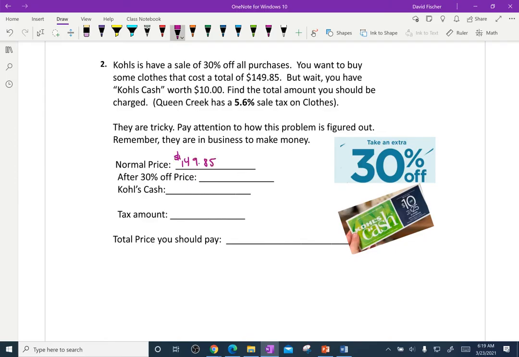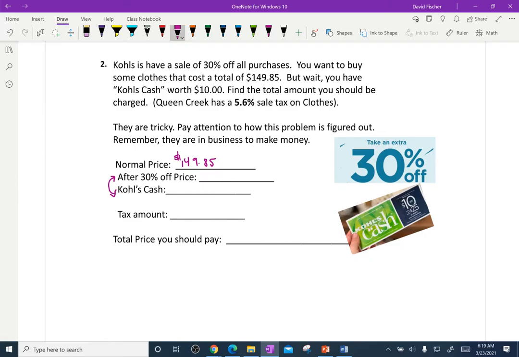But now I made a little bit of a mistake on your paper here. And this is why Kohl's is tricky, because Kohl's says, I'm in this to make money. So before I give you 30% off, I'm going to subtract that $10 of Kohl's Cash. Every time somebody uses Kohl's Cash, that's 30 cents for them.